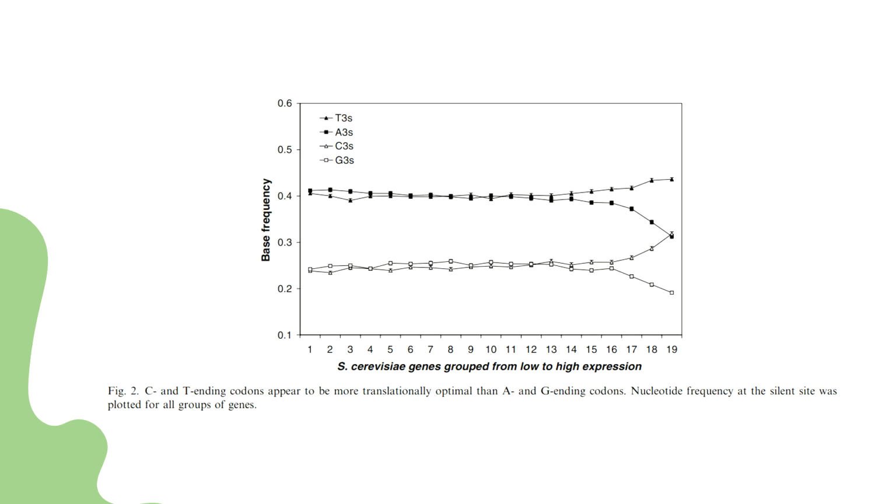Same thing for the other base frequencies, but C and T ending codons appear to be more translationally optimal than A and G codons, as you can see above. And the nucleotide frequency at the center site was plotted for all group genes.